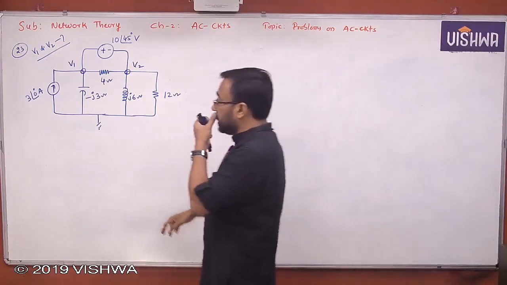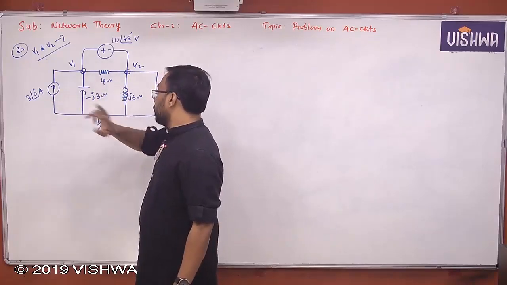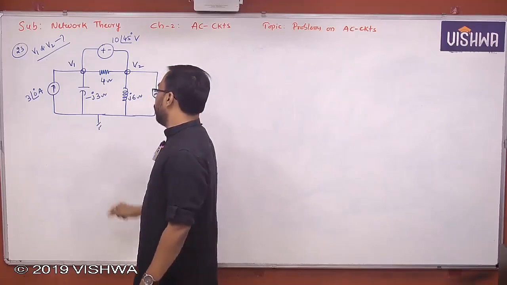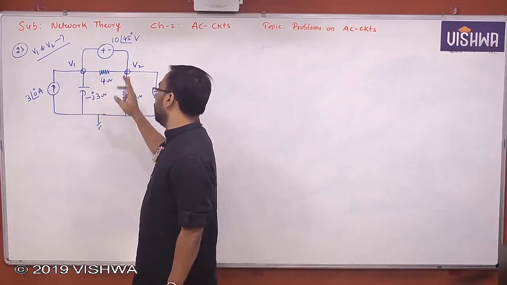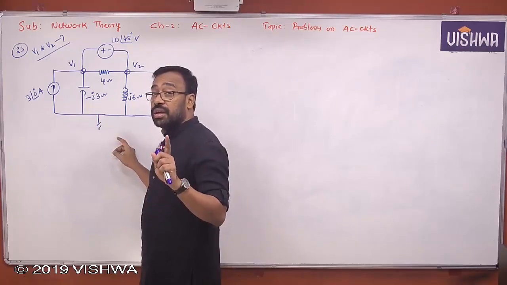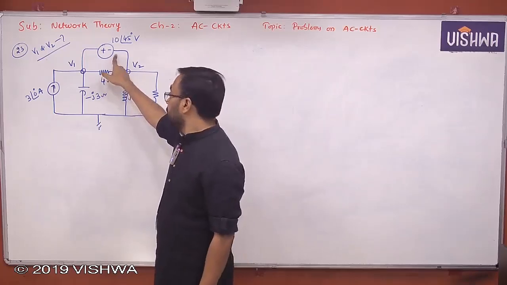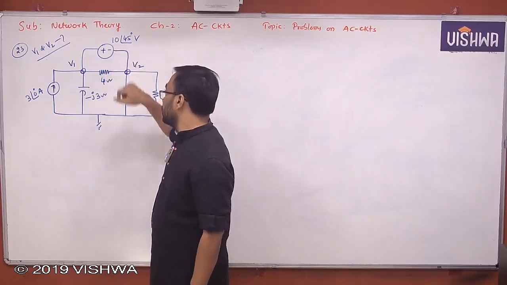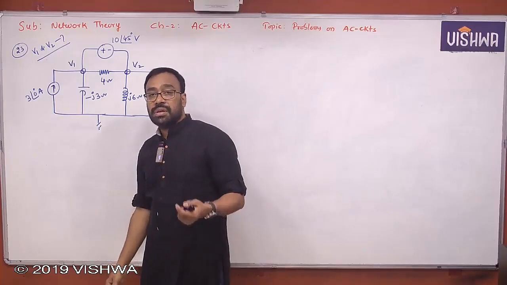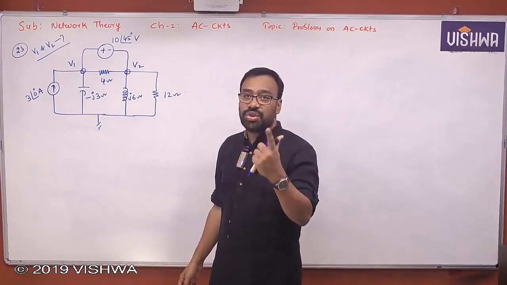If you go for mesh analysis, there are 4 loops, 4 minus 1, 3 equations required. If you go for node analysis, there are 3 nodes, but don't come to a conclusion unless you check whether there is any voltage source without any series resistor. Yes, there is a voltage source without any series resistor. In this case, with 3 nodes, 2 equations, that particular condition fails.